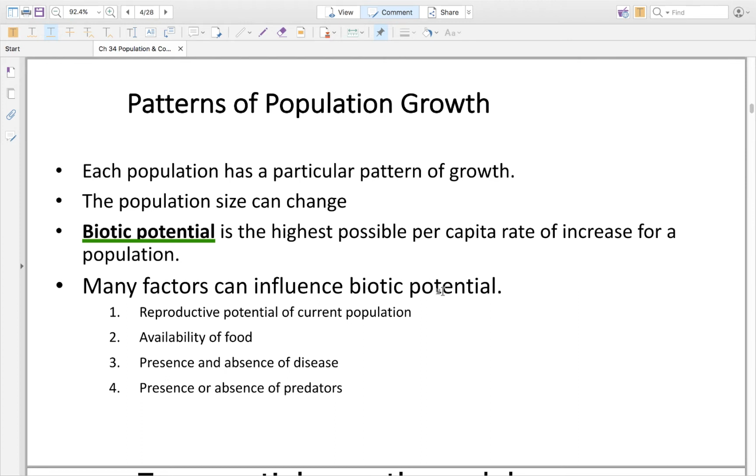Things that can affect their growth rate are the potential of reproduction, which adds to the population, how much food they have, and whether disease is present or absent. And what about predators? Predators are going to directly affect a population's ability to grow. Biotic means alive, so these are living factors that influence a population's growth.